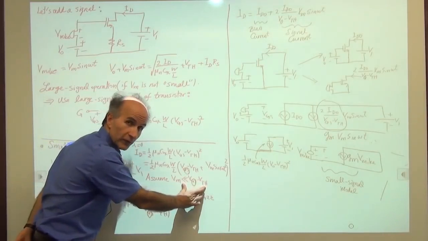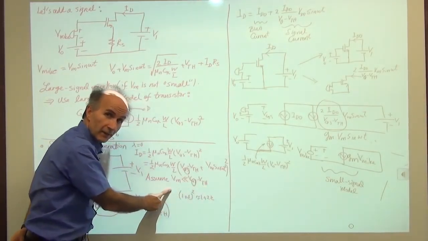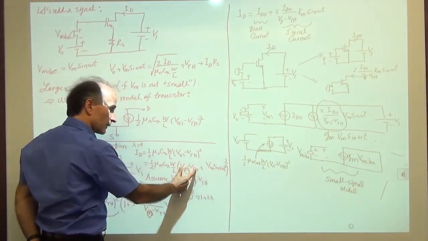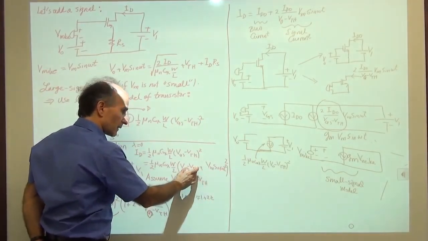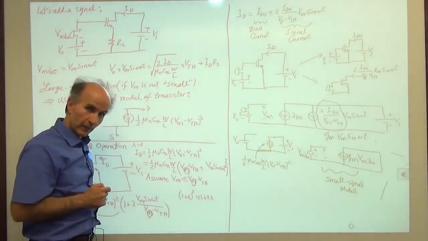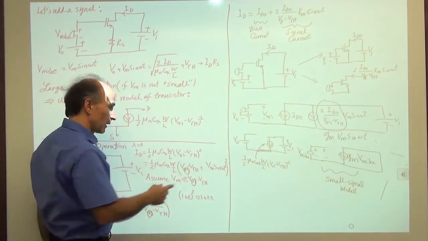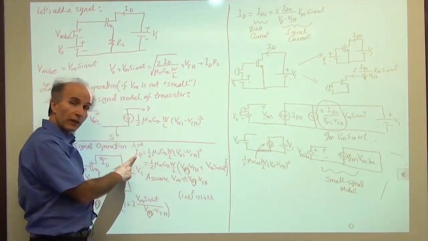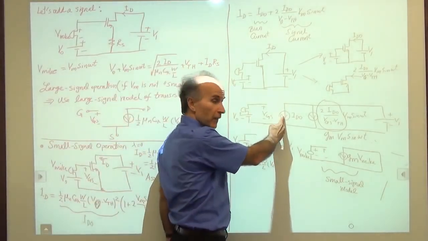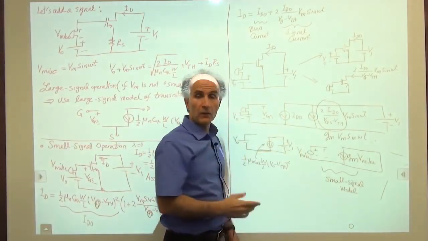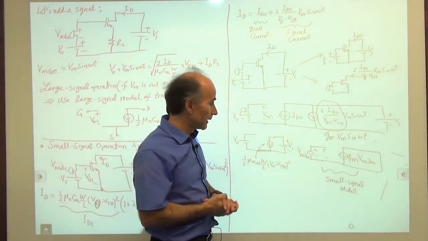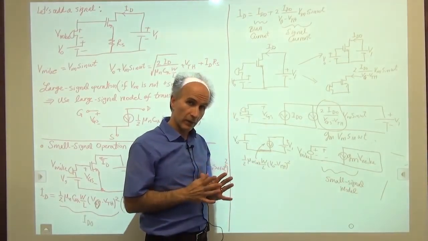You can see here that this term is much less than this term, so the overdrive voltage is not affected much by the signal voltage. Alternatively, we can say that the signal creates small changes in the drain current. So we have a bias current of, let's say, 1 milliamp, and then some small changes around that, maybe 0.1 milliamp or so. That's called small signal operation.